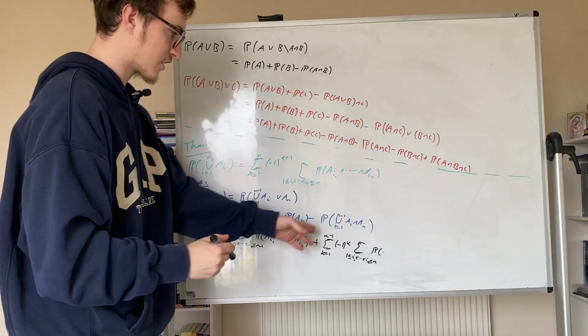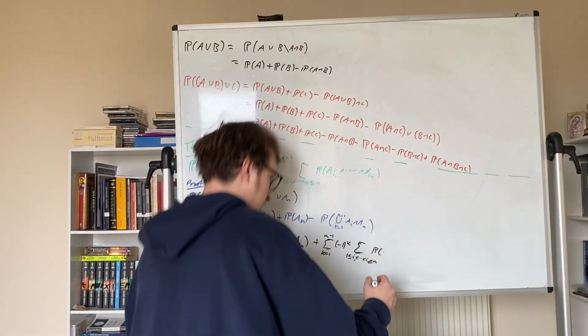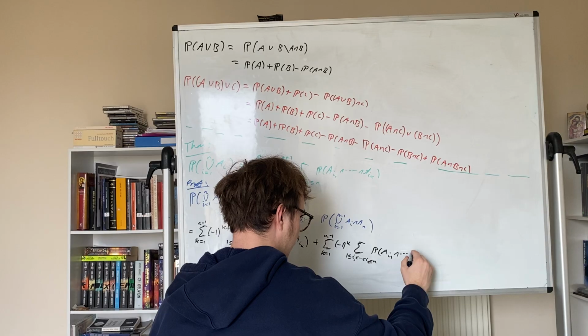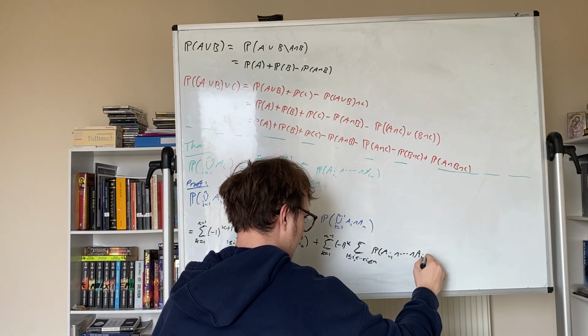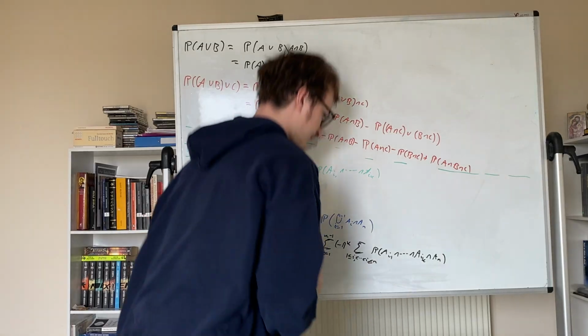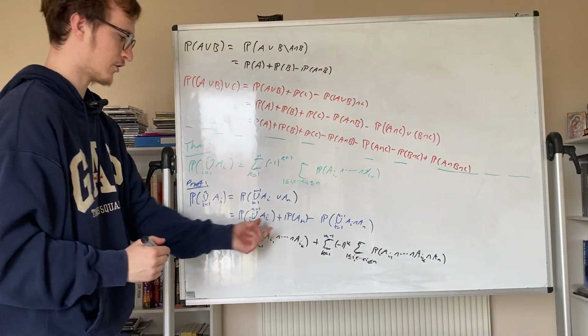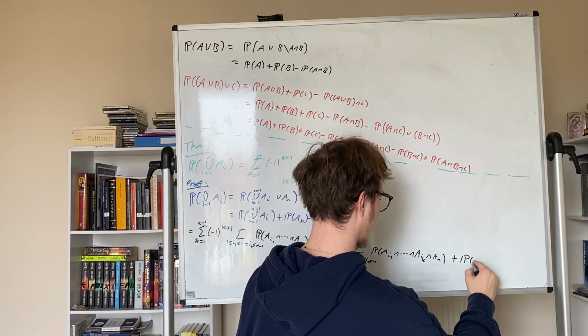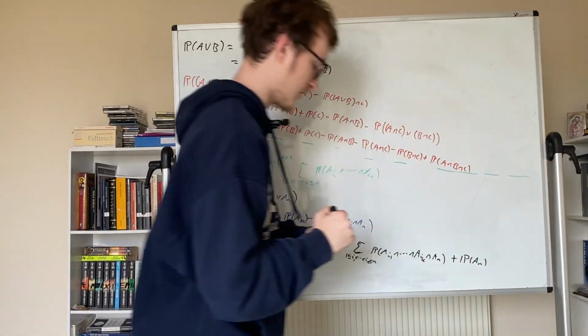But the intersection of all the Bi's is just going to be given by Ai1 intersect up until Aik, and then we just intersect this with An, right? And then don't forget about this final piece, which is the probability of An, the singleton.